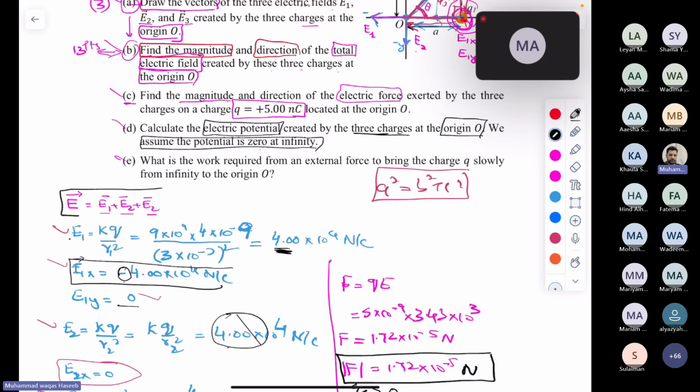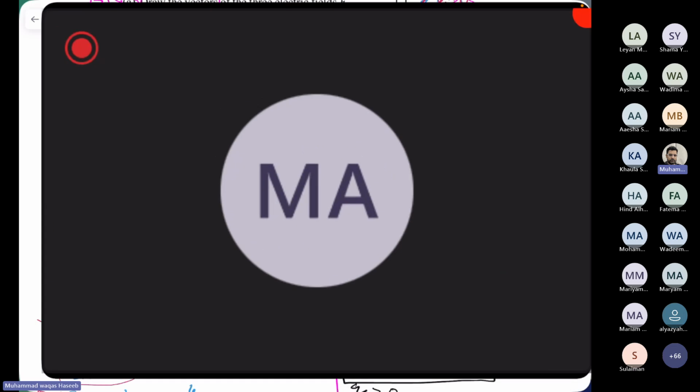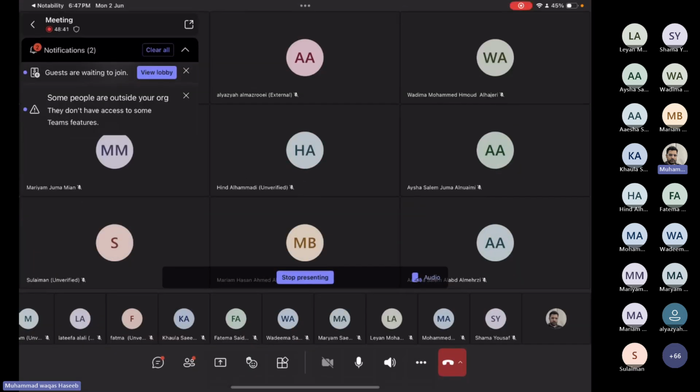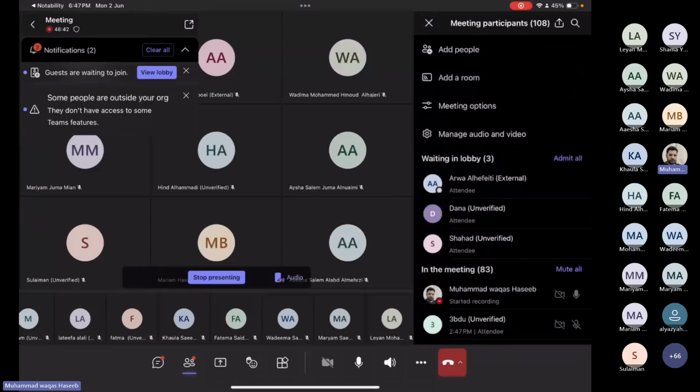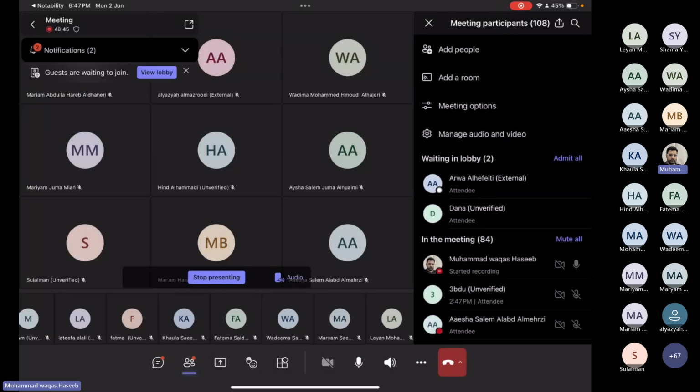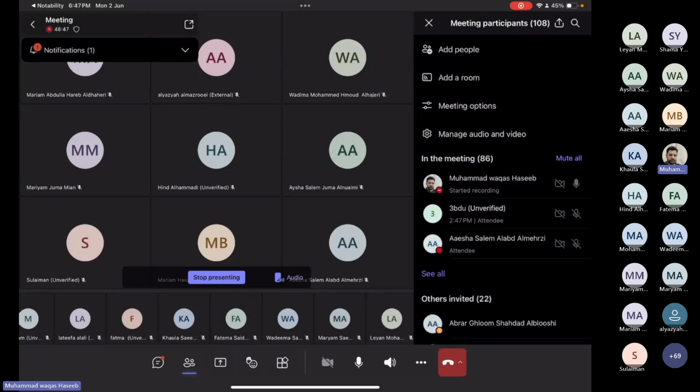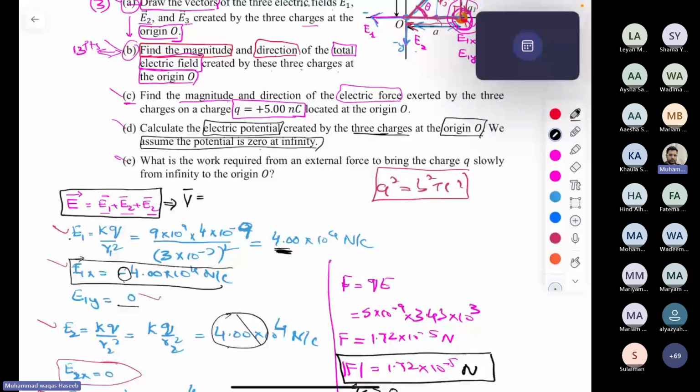Total potential is nothing but V1, the potential due to charge 1, plus V2, the potential due to charge 2, plus V3, the potential due to charge 3.